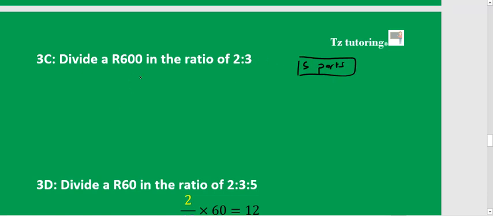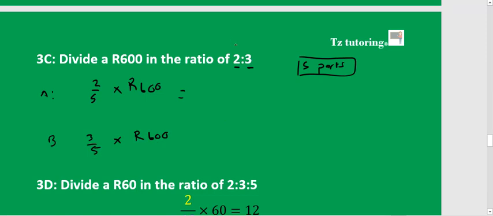If you want to divide this ratio, looking at A, you are looking at the 2. So 2 out of the 5 parts, and then we multiply this by 600. And then for 3, let's call it B, 3 out of the 5 parts, and again multiply by 600.